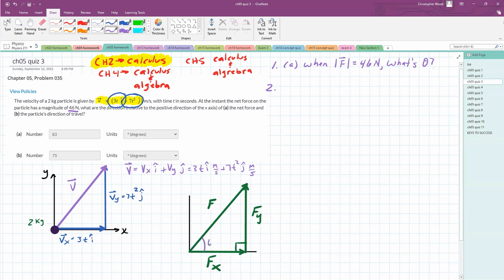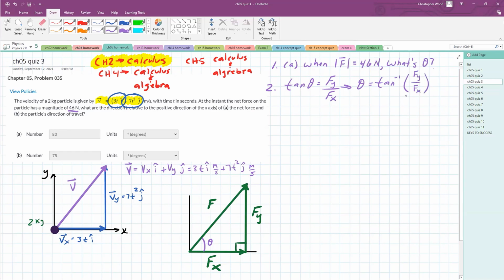I could say tangent of theta equals Fy, side opposite over side adjacent, SOHCAHTOA. So you know what that means. Theta equals arctan of Fy all over Fx.